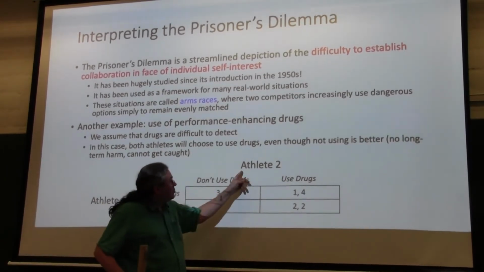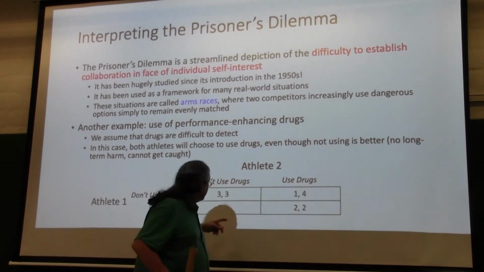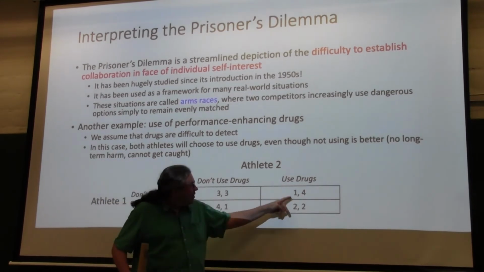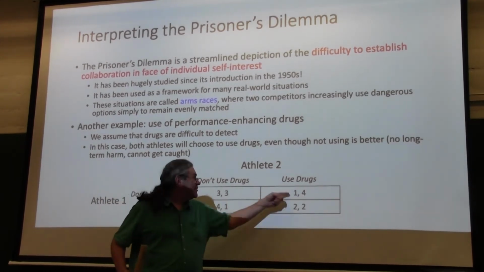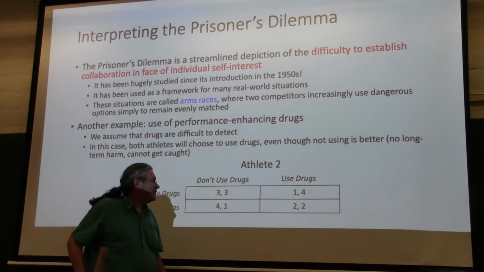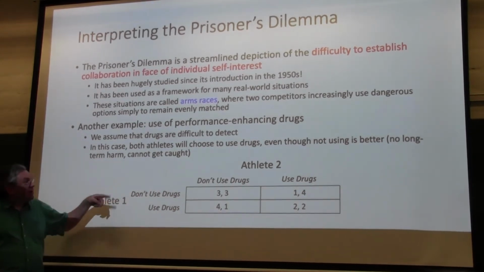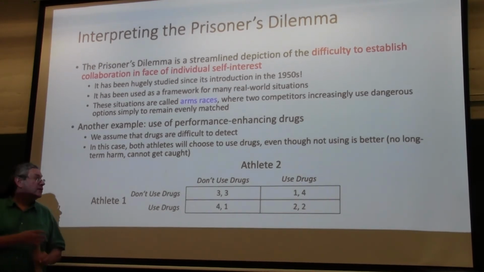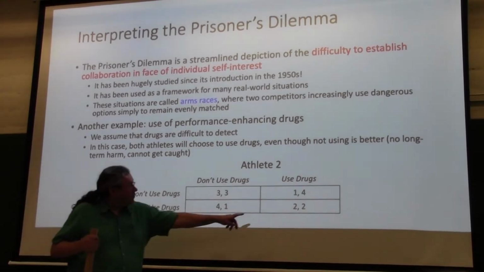Okay? If athlete 2 does use drugs, then athlete 1, what do? Well, they have to use drugs also to be in the same position. Otherwise, they have disadvantage. So that means that the dominant strategy here is that both use drugs. But that's worse. You get 2-2.